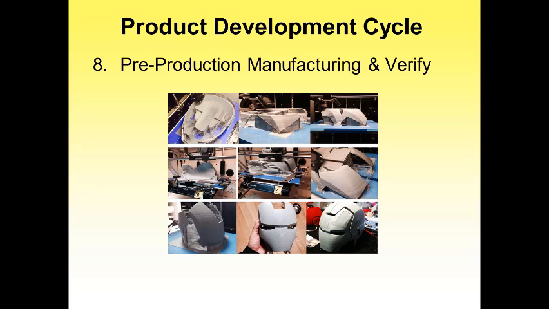So we'll actually build some first products off the pre-production tooling, the new factories, the new tools, the new test systems, run those through and see how smoothly those operate, and then take those first units that come off the line and run them through a series of verification tests, again, to make sure that the manufactured version meets all the specifications and is robust over all the ranges of temperature that we want our system to operate in.